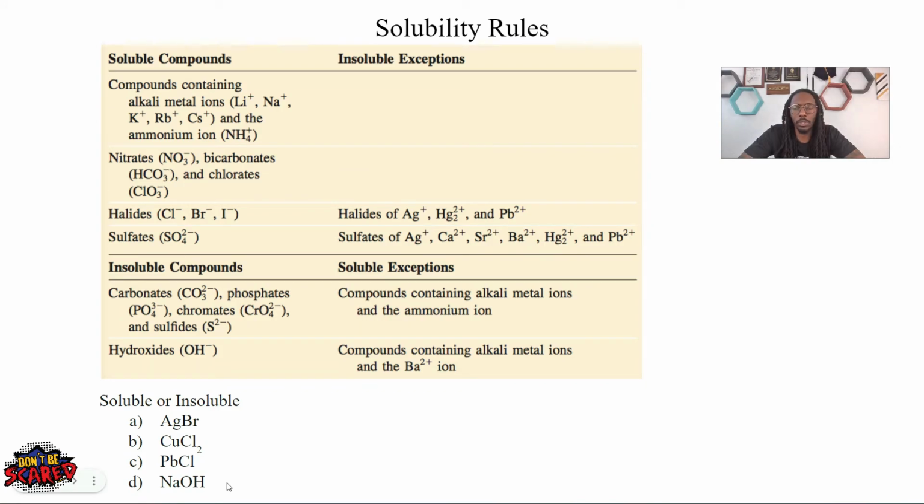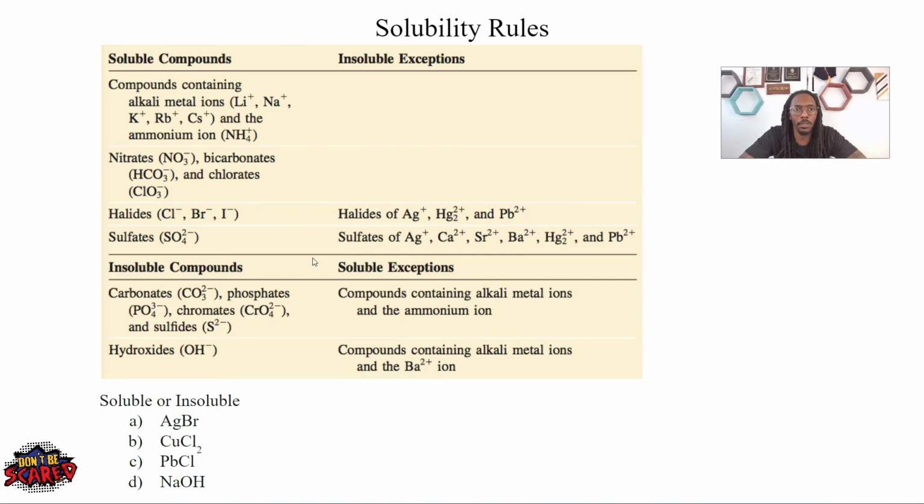Then let's look at the last one, D. We have sodium hydroxide here. Hydroxides are normally insoluble, but of course, we always have to look at our rules. Does it contain an alkali metal? Is sodium an alkali metal?